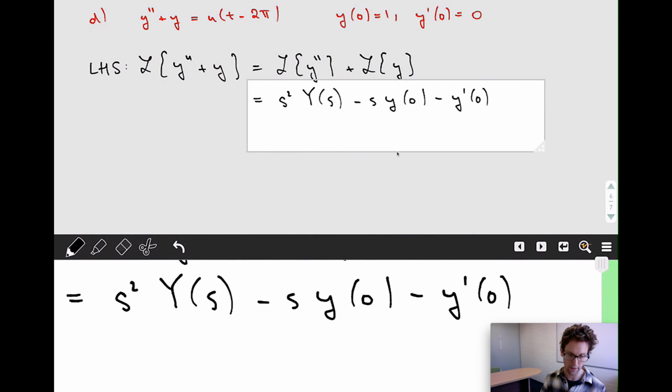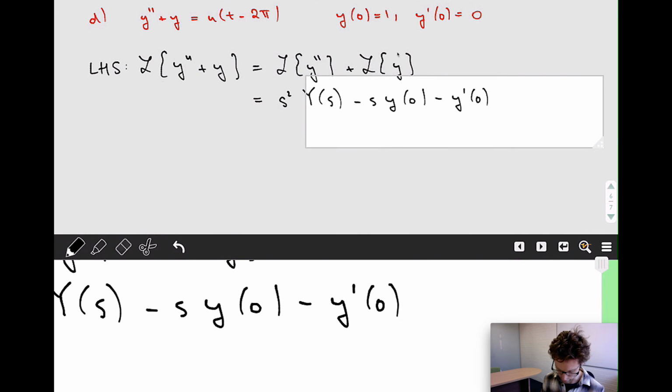So that's there. That is my Laplace transform of y double dash. And I need to add the Laplace transform of y as well, so that's just Y of s.